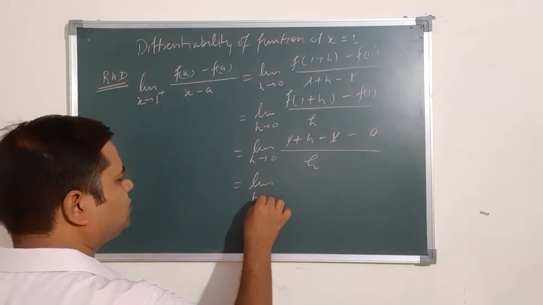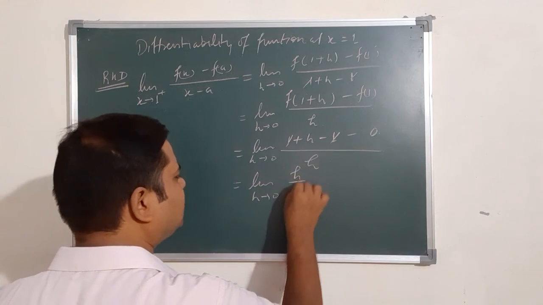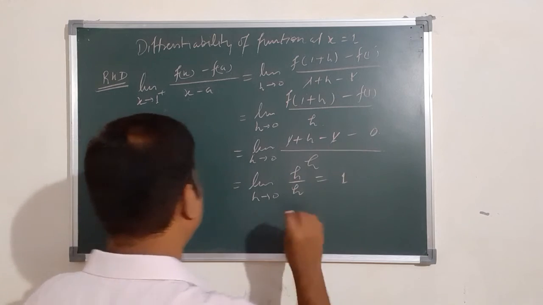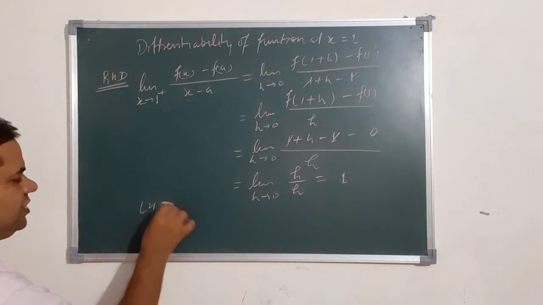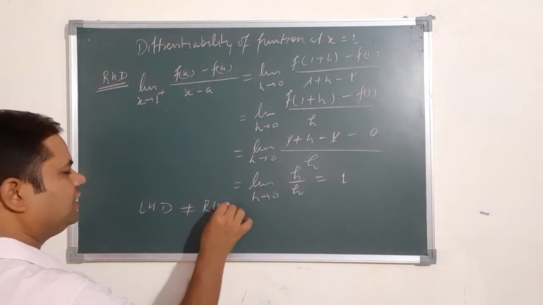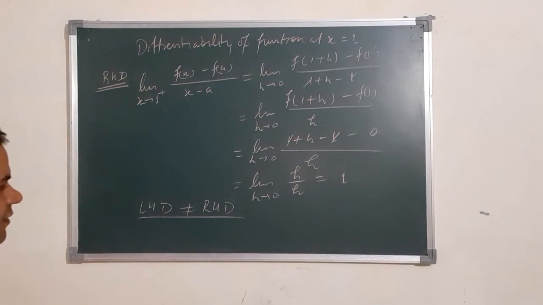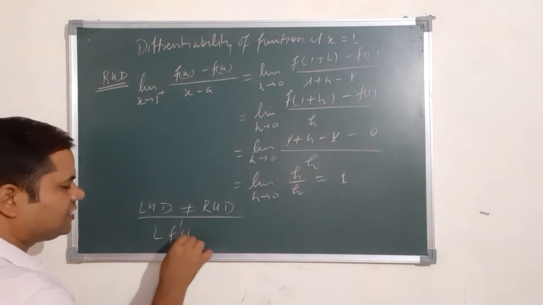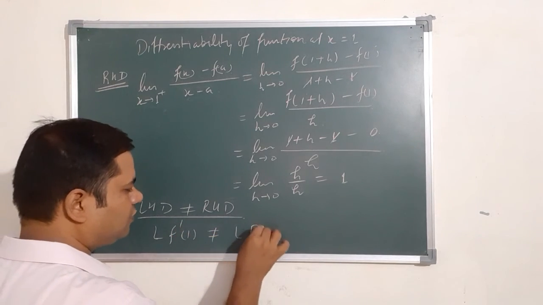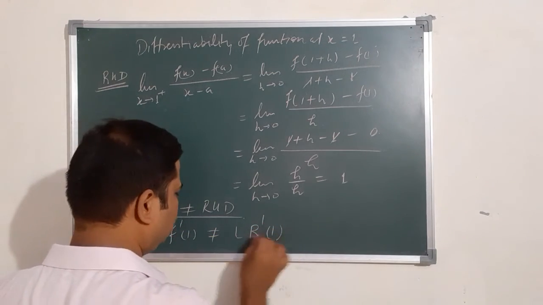So limit h tends to 0, h upon h, this is 1. So here we see LHD does not equal RHD, left-handed derivative does not equal right-handed derivative. That means Lf'(1) does not equal Rf'(1).